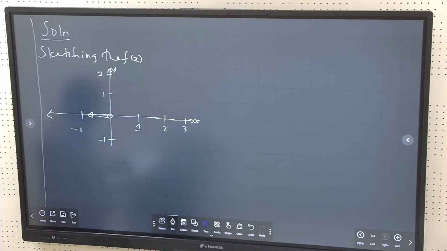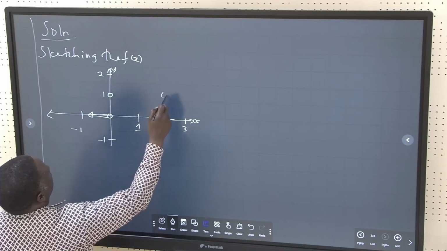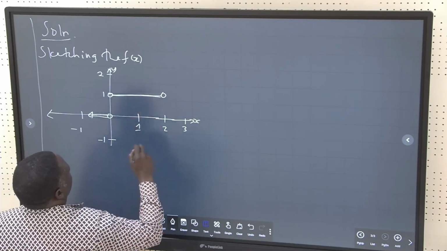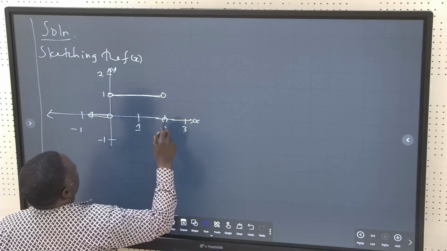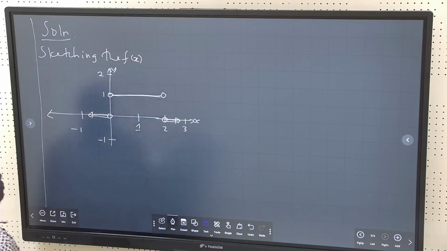From 0 to 2, the value of f of x is 1, you can see here. And from 2, the value of f of x is 0.